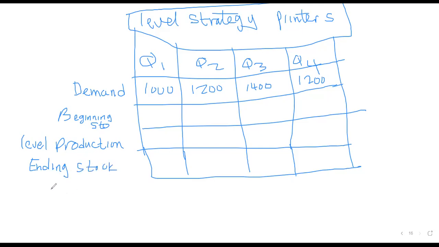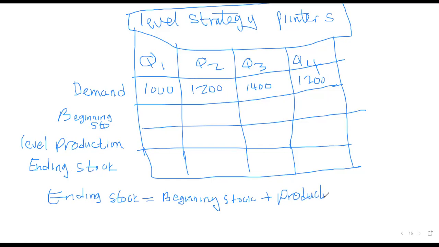So our ending stock formula here: ending stock is equal to beginning stock plus production minus demand.